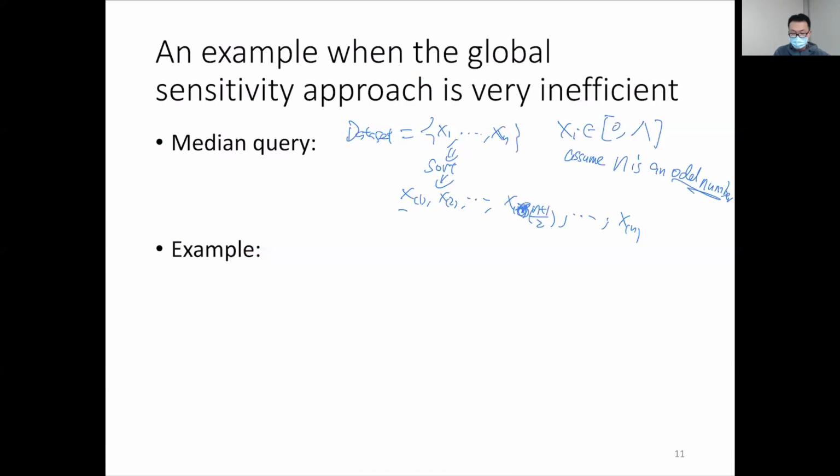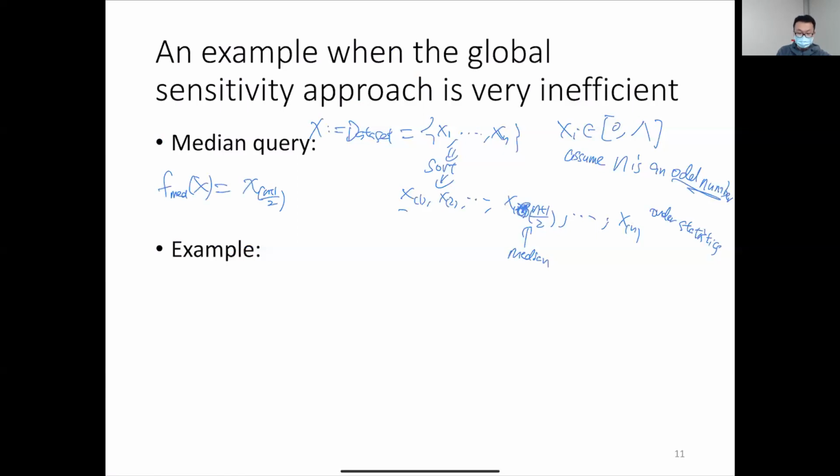But these are the mathematical notation for the so-called order statistics. Okay, so this is a median. The number in the middle is a median. So we define this median query, which takes the data set. So let's call this X. That takes this data set by just outputting x of (n plus 1) over 2.